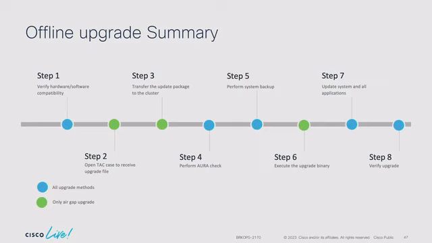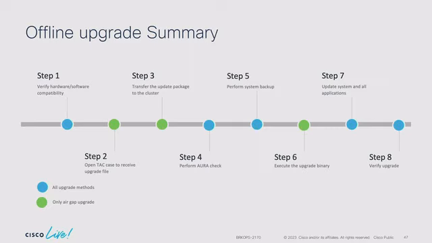So you will see it here, verify the hardware and software compatibility, that's common. Open a TAC case to get the upgrade file, that's only for the offline upgrade. Transfer the update package to the cluster, that's also for the offline upgrade. Perform the Aura, that's common.